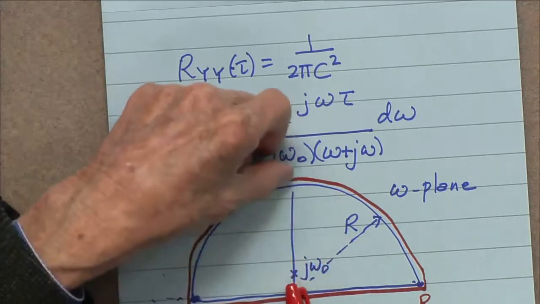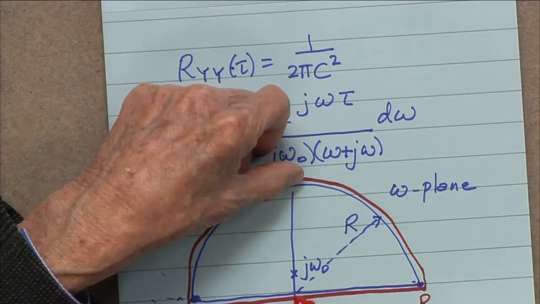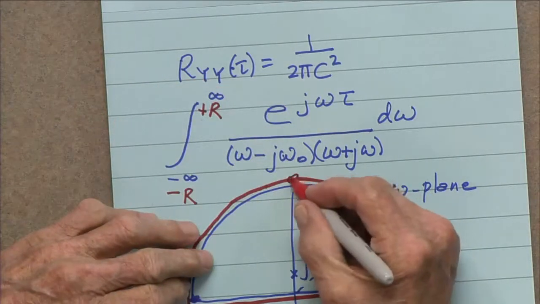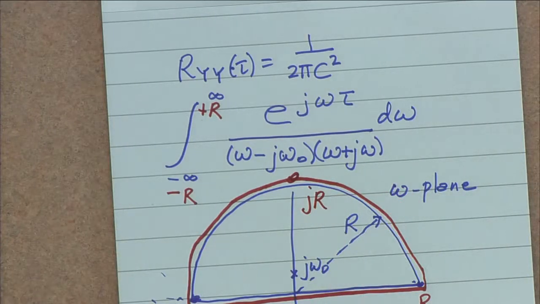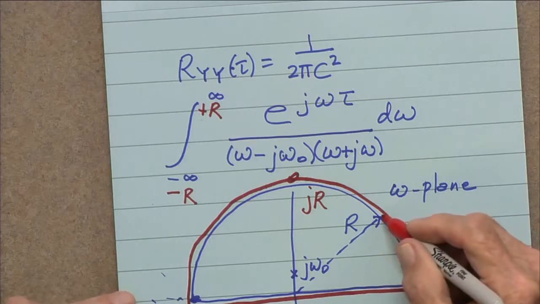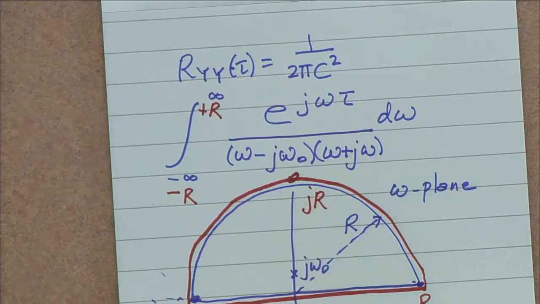Well, let's just check. Let's say omega is equal to, at this point here, j times r. R's going to get real big.